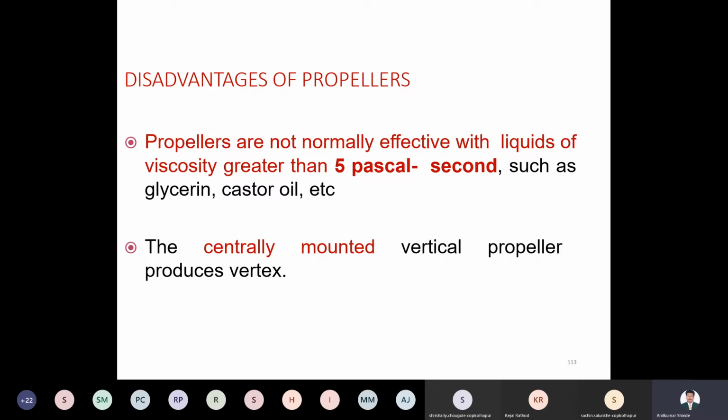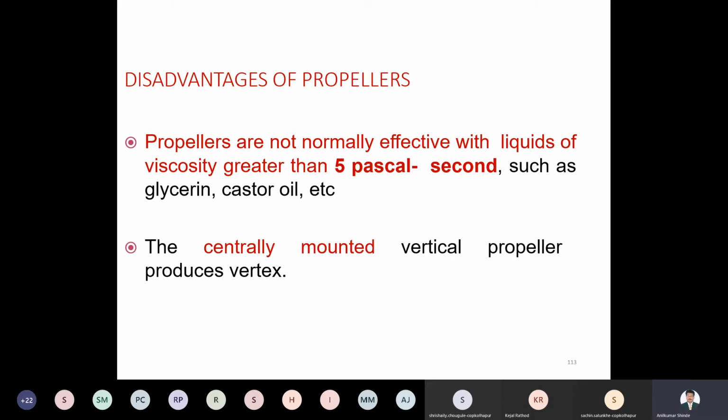If the liquid has a viscosity of maybe 5 Pascal, or contains glycerin or castor oil, which are viscous in nature, the propeller type of mixer cannot be used. But for low viscosity, that is 2 Pascal, the propeller type of mixer can mix efficiently.